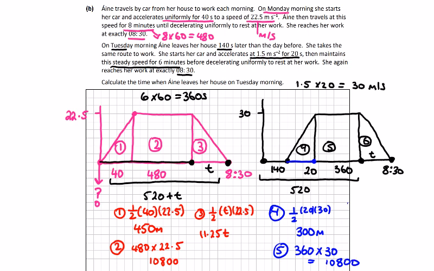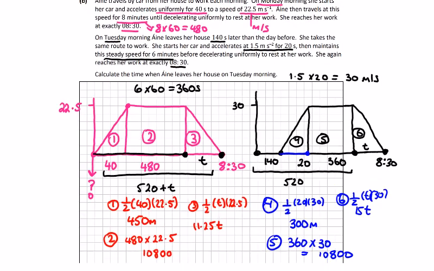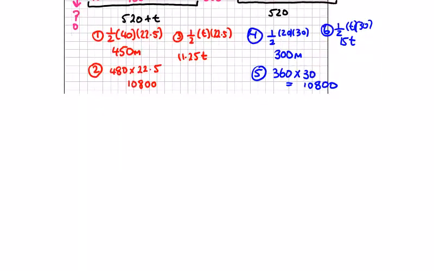And number 6, half the base, which is T, by the height, which is 30, to get 15T. So the distances covered are the same, so we can get an expression for T here. 10,800 and 450 is 11,250 plus 11.25T equals 10,800 and 300 is 11,100 plus 15T.